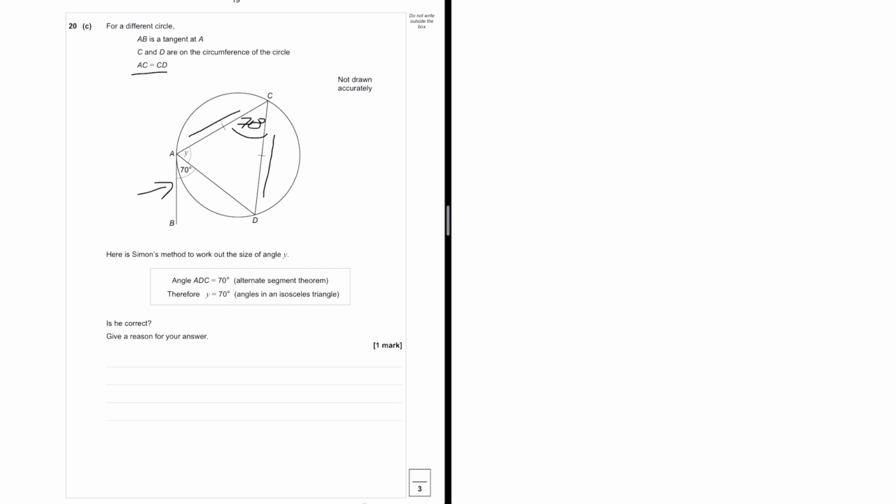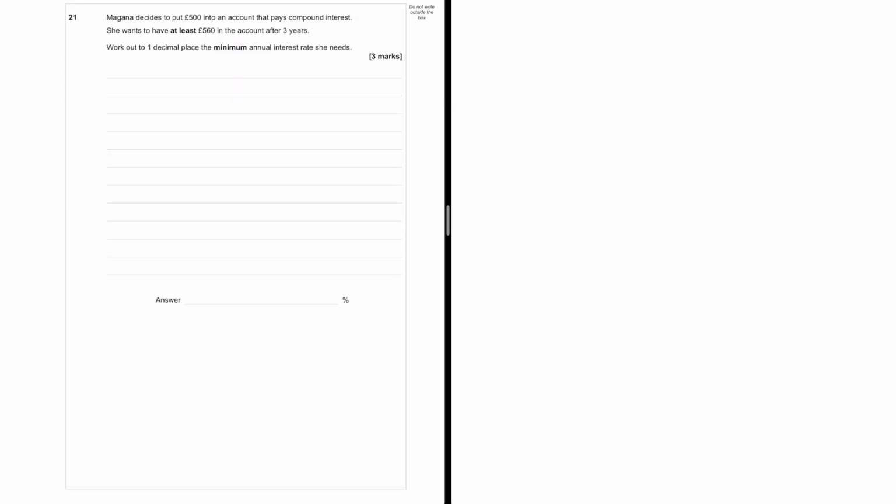So if we have two equal sides, then this is also going to be equal to angle Y. So the actual value of Y is going to be equal to 180 degrees minus 70 degrees, and then over 2, because they're both angle Y. So in this case, angle Y is actually going to be 55 degrees. So Simon is wrong.